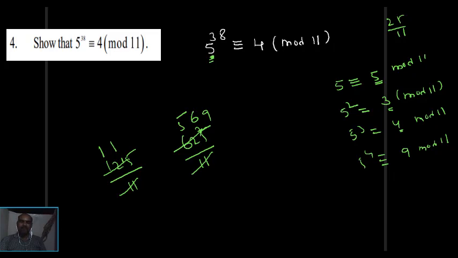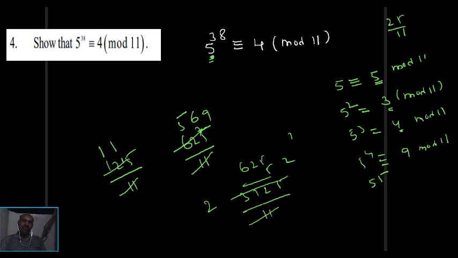Okay. So 5 power 5, I will take 5 power 5, that is 3125. Now try to divide with 11. 11 twos are 22, 11 eights are 88, 11 fours are 44, and 1 is the remainder.